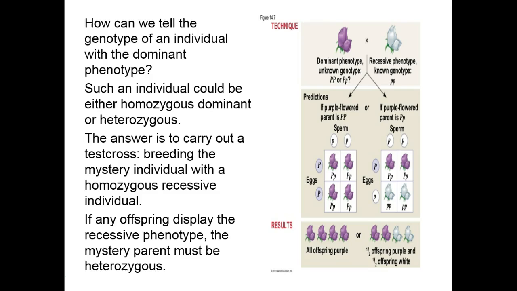And a test cross is a breeding of a mystery individual, so somebody you want to know what it is, with a homozygous recessive individual. And the homozygous recessive, remember, that's going to be the white flower. We know that's going to be 2 little r's.